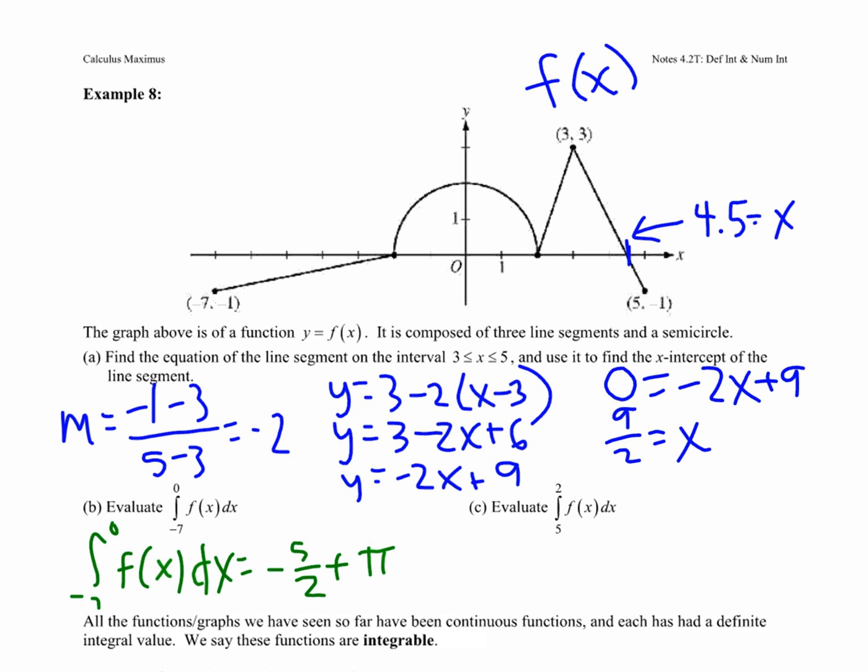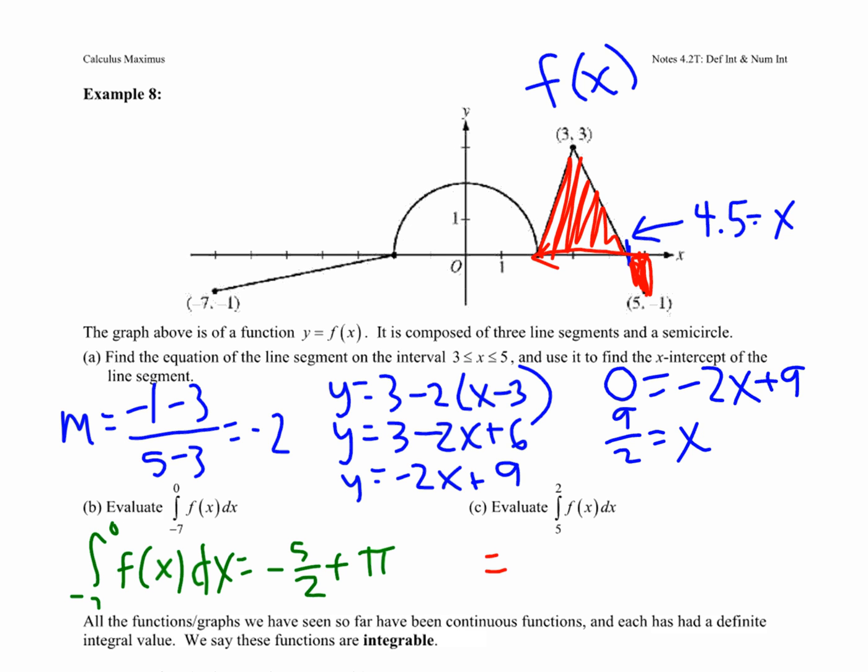All right, and our next part, we're going to evaluate the integral from 5 to 2. We're going this way. So anything under the x-axis is positive. Anything above is negative. So we have the area of this little tiny triangle right here.